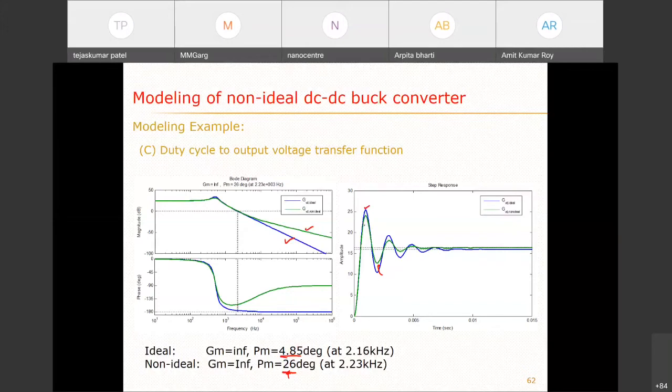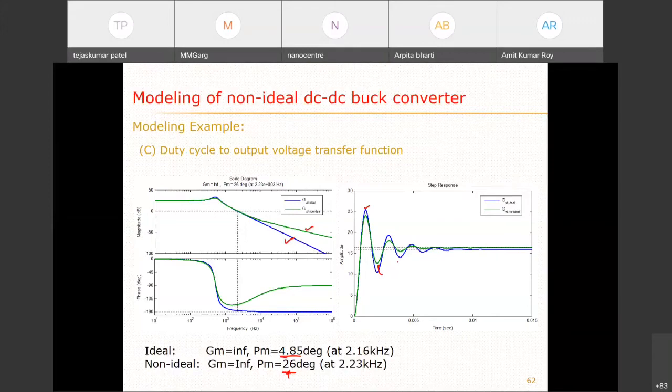The phase margin in the frequency response is linked with the overshoot in the time response. So less the phase margin, more the overshoot. More the phase margin, lesser the overshoot.